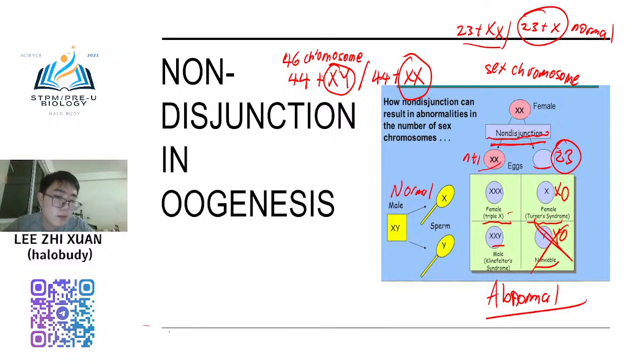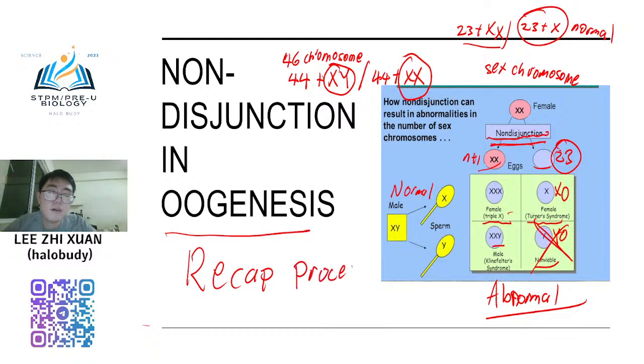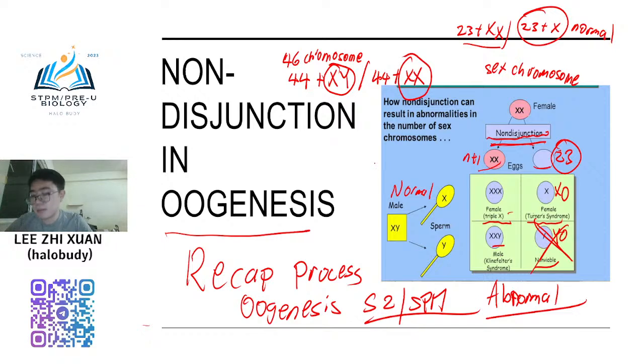Why? Who knows? Oogenesis, don't you know? I don't want to give the answer. You forgot the process of oogenesis, Semester 2, or even SPM. You already learned it in SPM. So for those who retake, think and apply it.